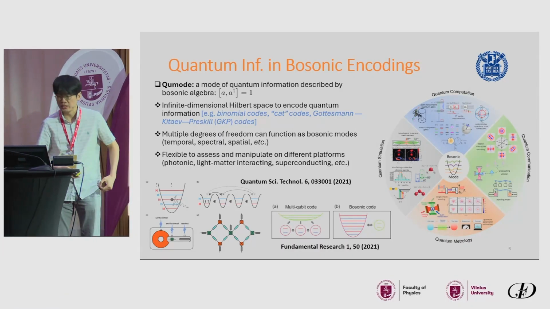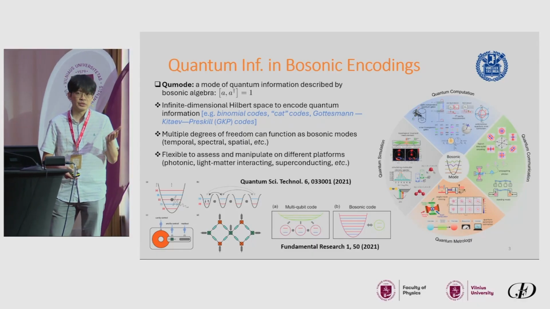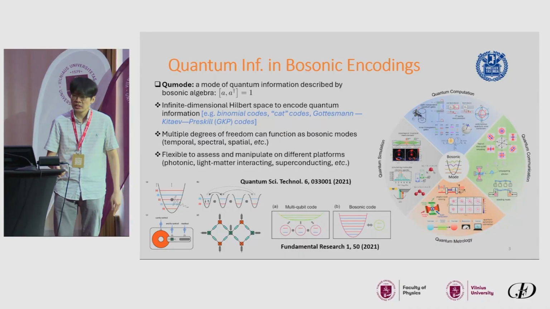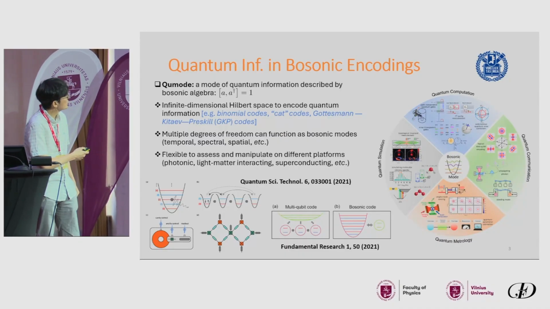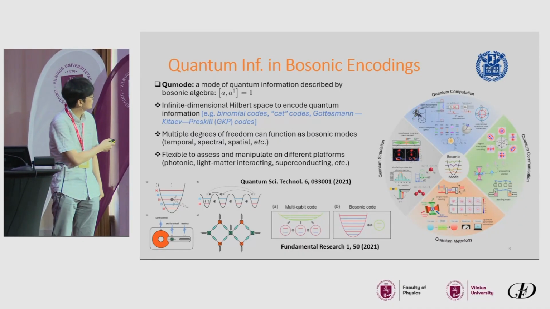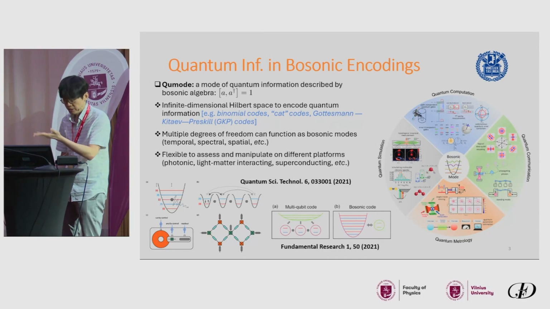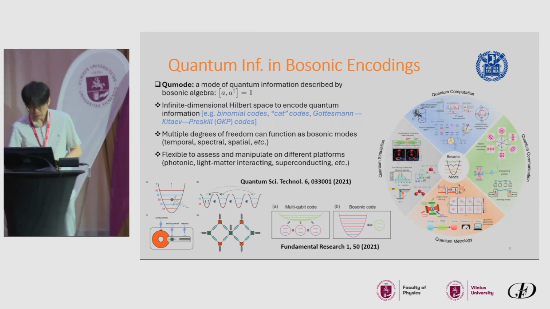They can be realized in a multitude of degrees of freedom, not just spatial. You can have temporal, spectral, what have you. And they're also flexible to manipulate and access, including with platforms that include all-photonic platforms, light-matter interacting platforms, and of course, superconducting platforms.